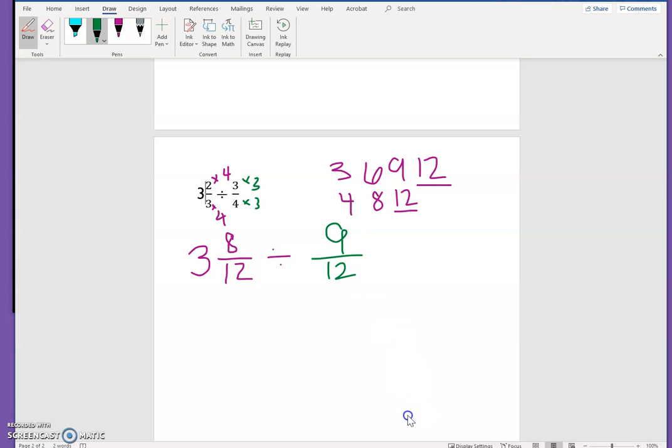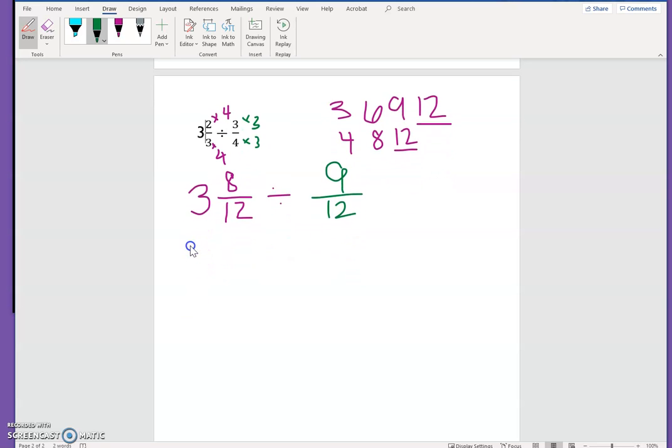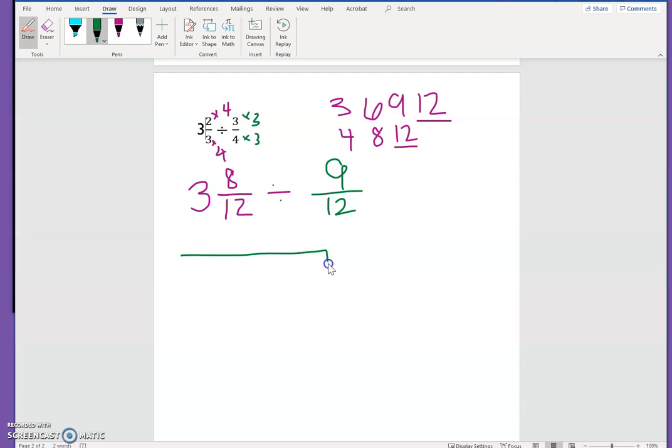Once you have this common denominator, we go through again and diagram the first number. I'm going to start with my 3 wholes. I know I'm going to have to break these into 12ths, so I'm going to give myself plenty of space to do that.